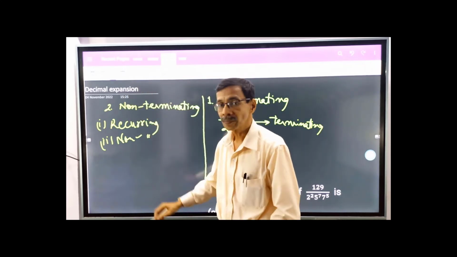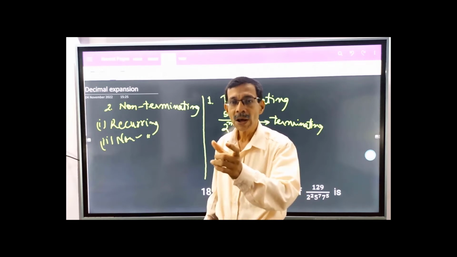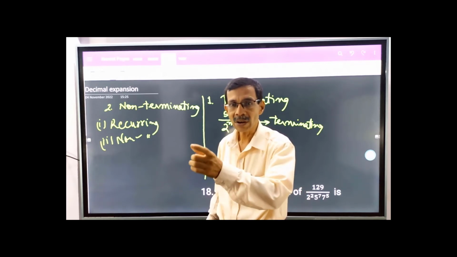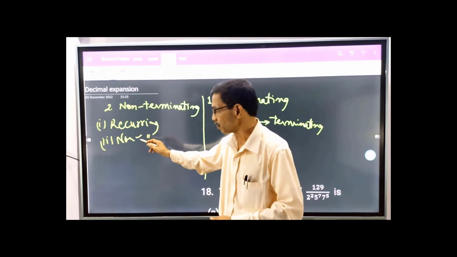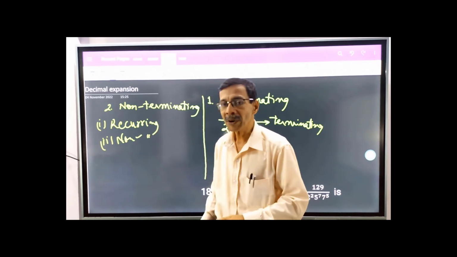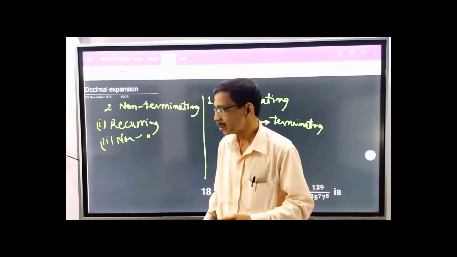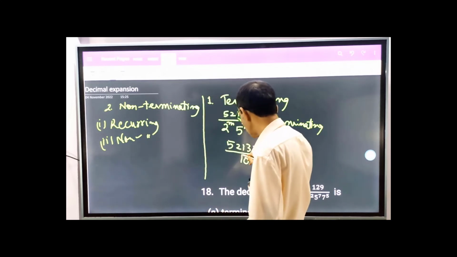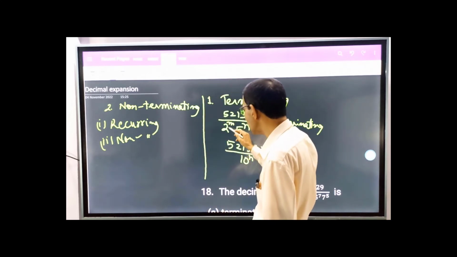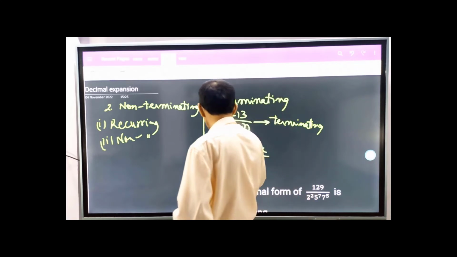In recurring, the numbers will be repeated after a certain cycle and it will not get terminated. In non-repeating, they are not getting repeated after certain cycles. So here, if you cannot express it in this form, then it is non-terminating.